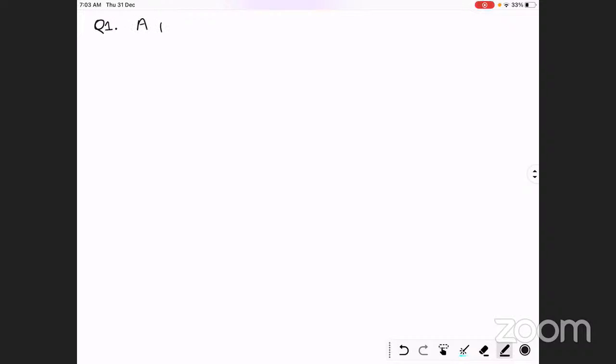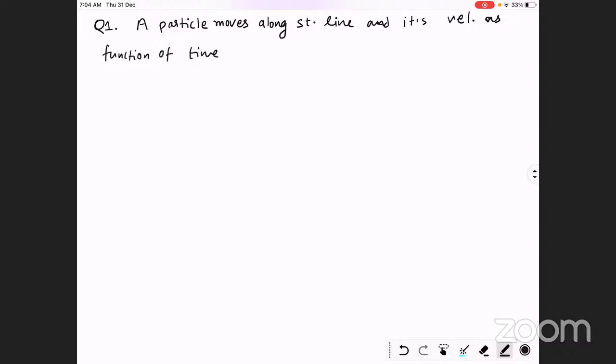A particle moves along a straight line and its velocity as a function of time is (60 minus 3t square).